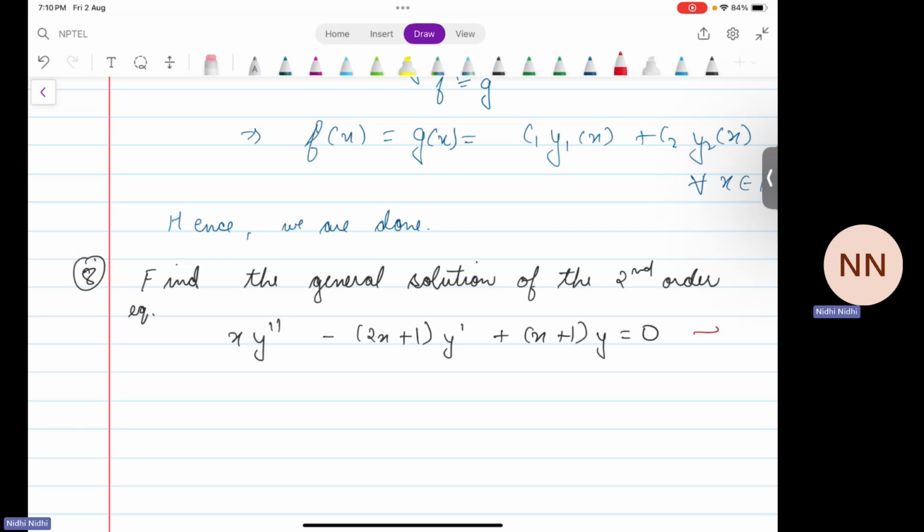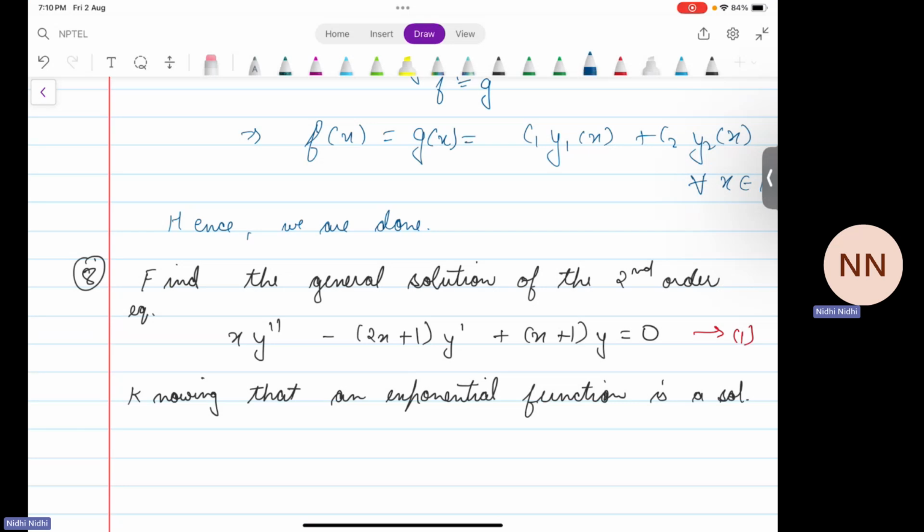Let me mark it as 1. Knowing that an exponential function is a solution. That means we are given that an exponential function is a solution to this problem.